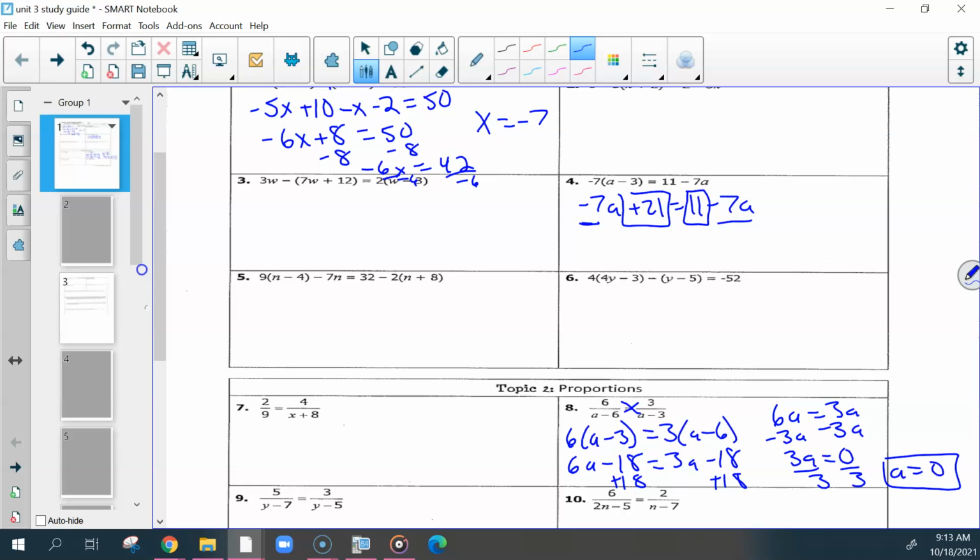No solution. So again, if you see that, you do not need to continue solving. But it's okay if you continue solving as well. So I could add 7a to both sides and get 21 equals 11, but they really don't equal.